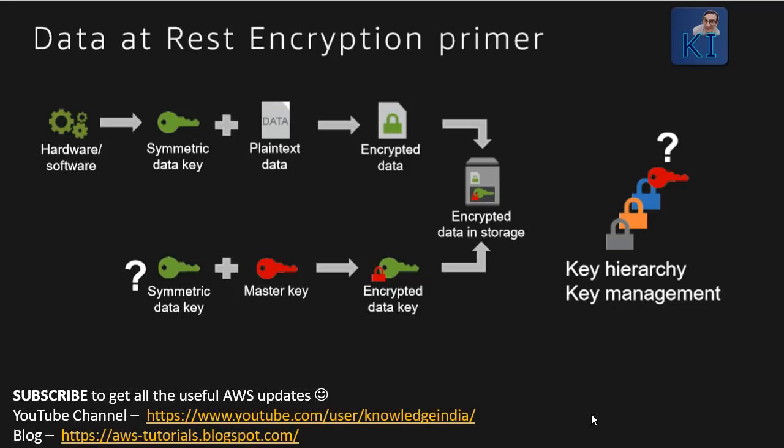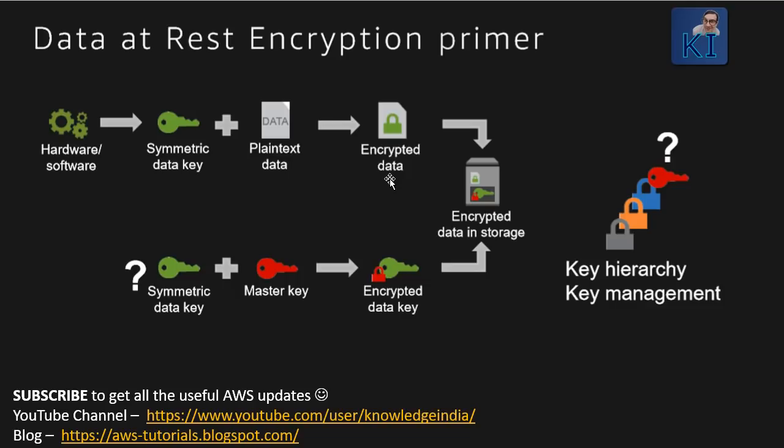All right. So what happens is, first of all, from the customer master key, a data key gets generated. Now, when this data key gets generated, there will be two formats of it. One will be in plain text and one will be encrypted. And there is usage of both. I'll explain how.